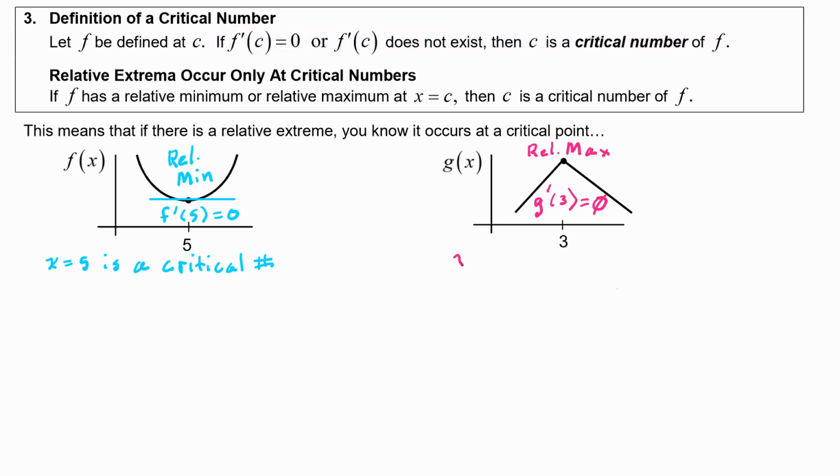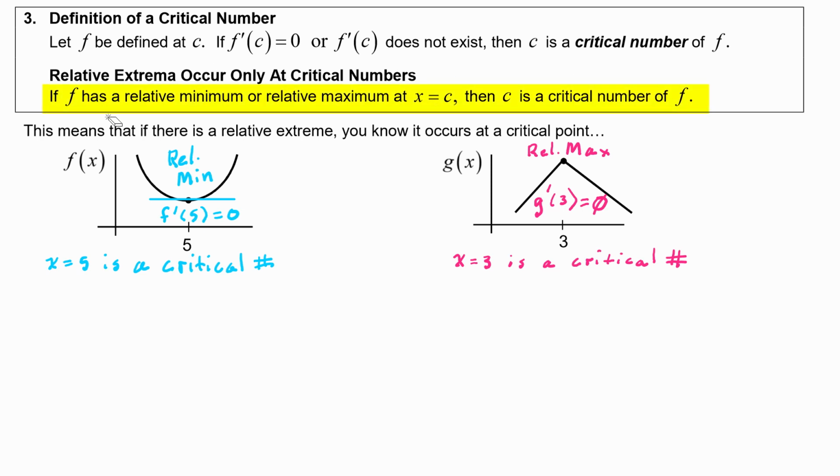So that means that x equals 3 is a critical number. And in this case, we did have a relative max at our critical number.